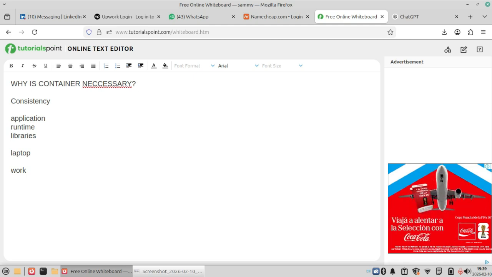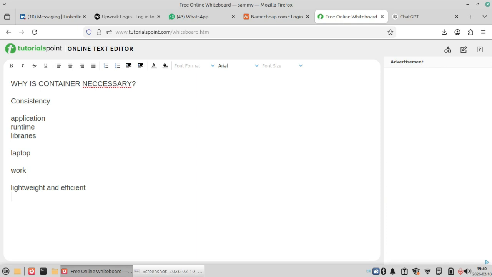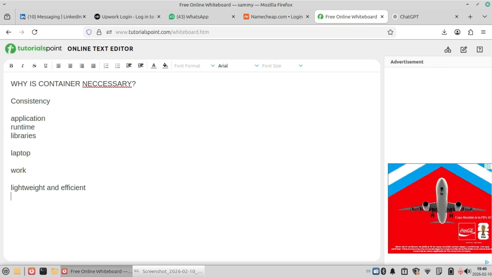Then, a container is also lightweight and efficient, because there is no duplicated kernel. There is no full operating system per application. This allows you to run many workloads on the same infrastructure. Container is designed for automation.